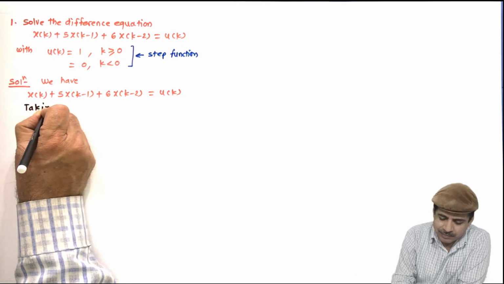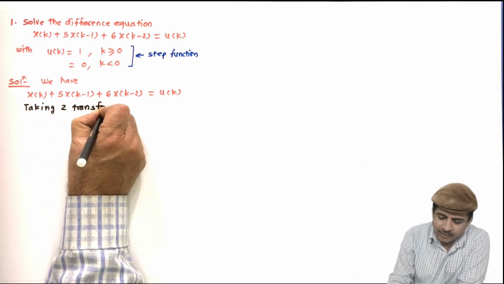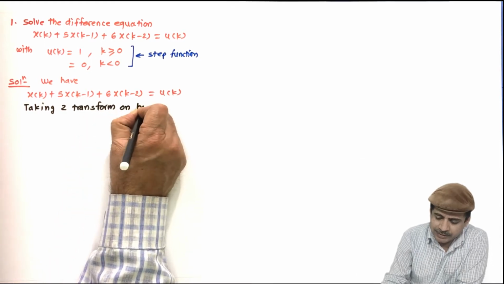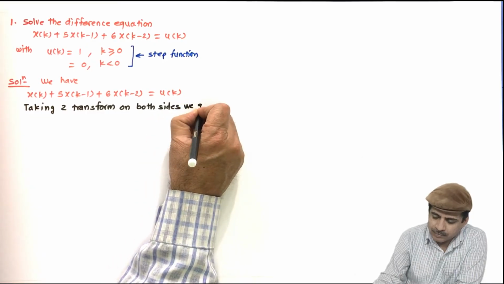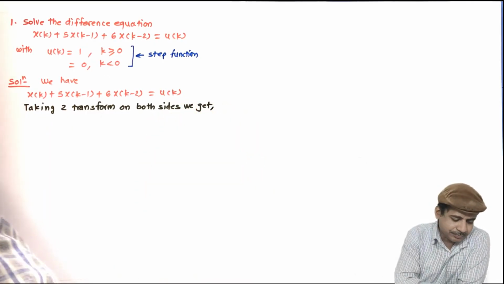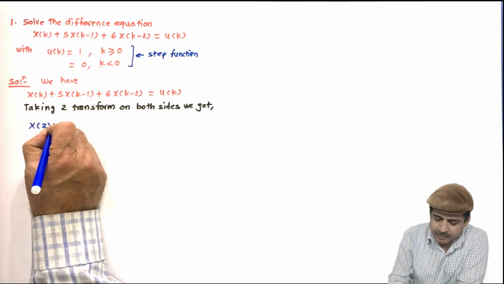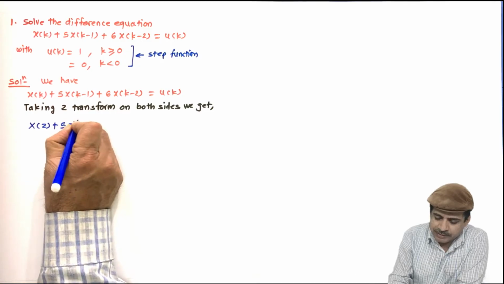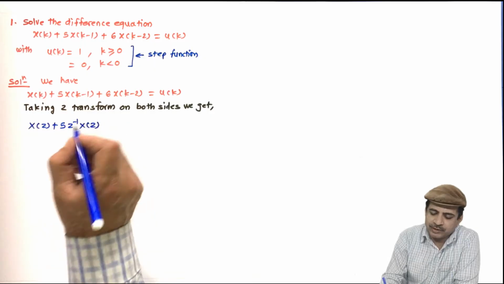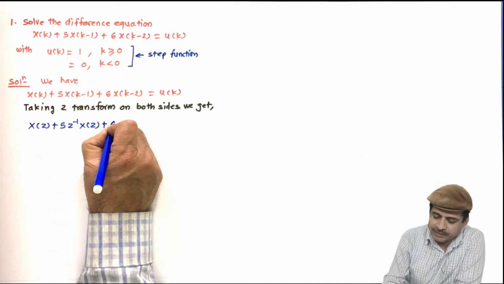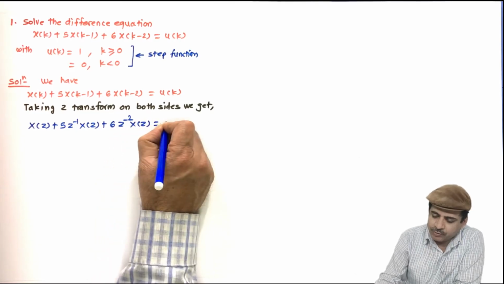Taking Z transform on both sides, we get Z transform of x of k is x of z, plus 5 z raised to minus 1 x of z, because Z transform of x of k minus 1 is z raised to minus 1 x of z, plus 6 z raised to minus 2 x of z, and this is equal to u of z.